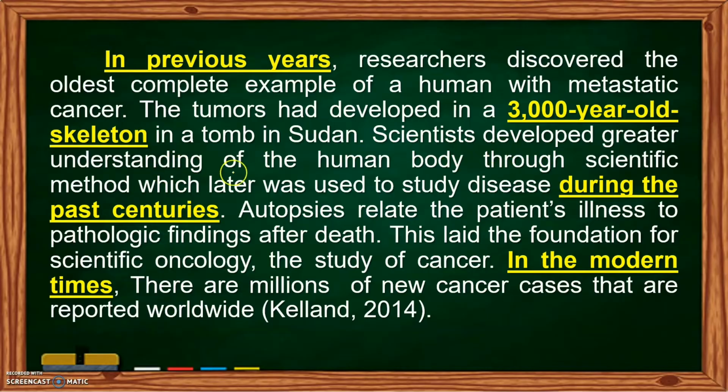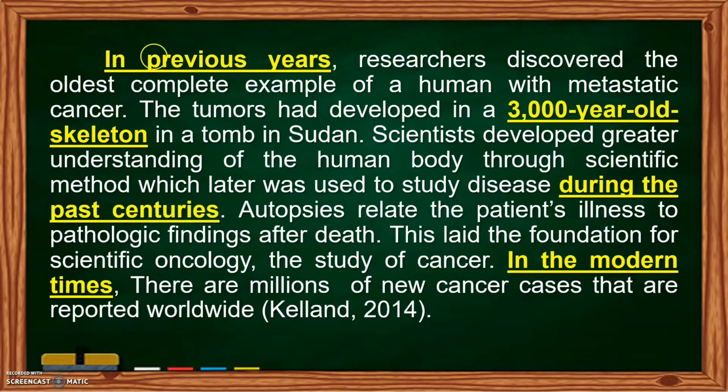Scientists developed greater understanding of the human body through scientific method which later was used to study disease during the past centuries. Autopsies relate the patient's illness to pathologic findings after death. This laid the foundation for scientific oncology, the study of cancer. In the modern times, there are millions of new cancer cases that are reported worldwide.